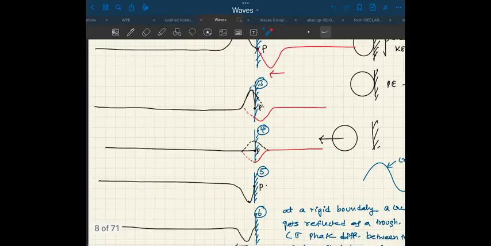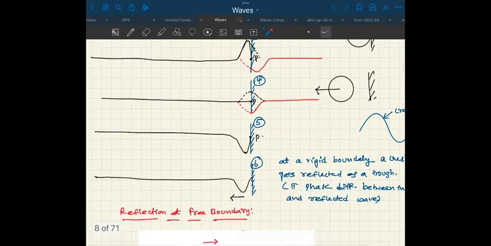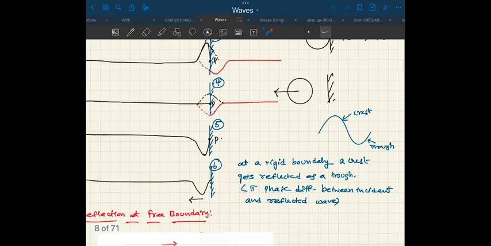And thereafter, it continues in that direction. So what you need to note is that at a rigid boundary, a crest gets reflected as a trough and the trough gets reflected as a crest, which means a phase difference of pi will be there between the incident and the reflected wave. This is the point to note.